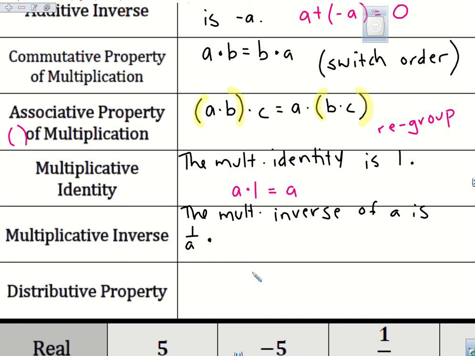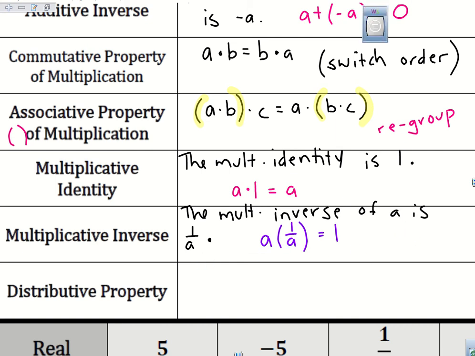So the idea here is A times 1 over A equals 1. Okay, that one's a little bit confusing. You're just thinking inverse. Okay, so if I put A over 1, remember inverse, you're flipping that fraction to be 1 over A.